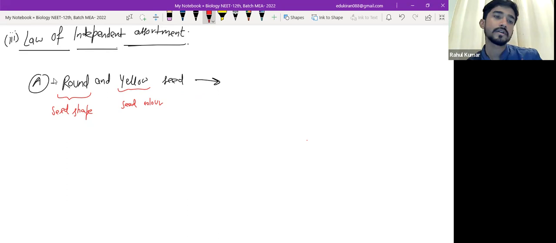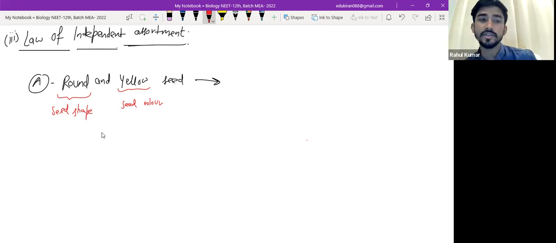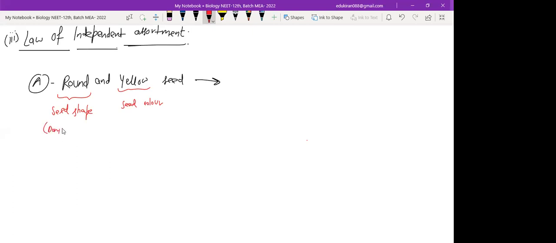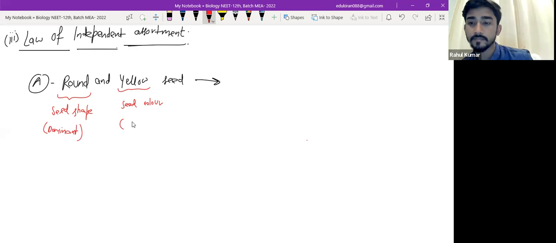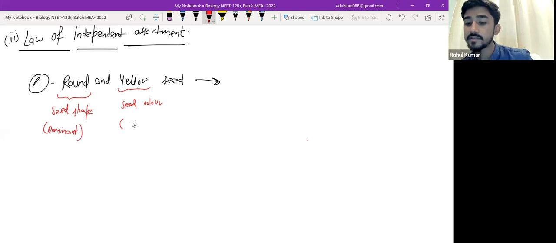Now tell me whether round is a dominant trait or recessive trait. Dominant. Round seed shape is a dominant trait. And yellow color is recessive? Sorry, dominant. Who said recessive? Go back to the chart which we made in the beginning.